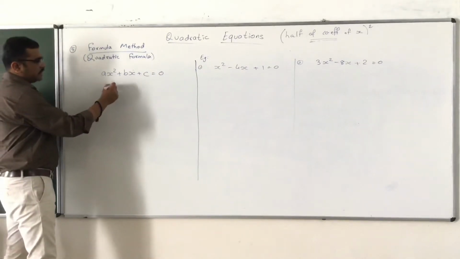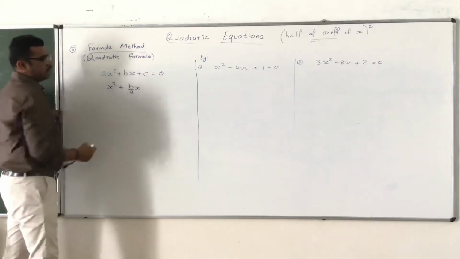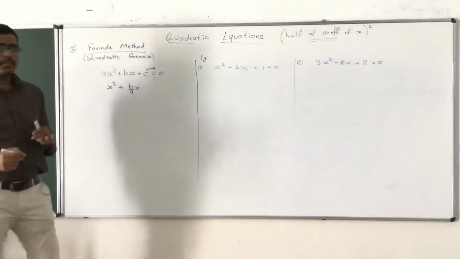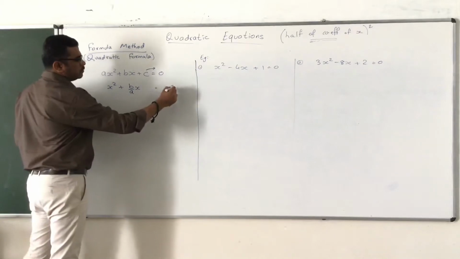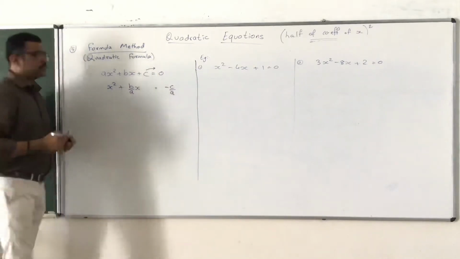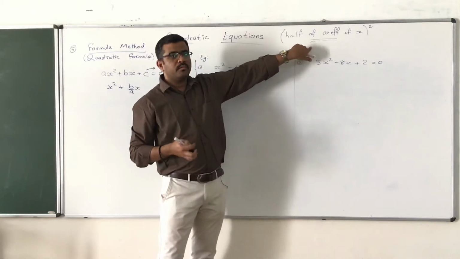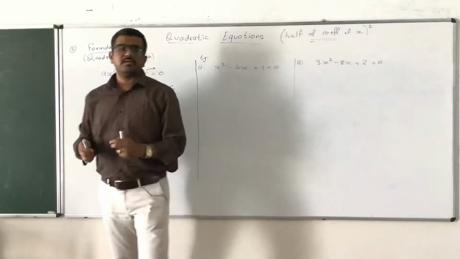So we have x squared plus b upon a x, and at the same time we transpose the constant term to the right hand side, so we have negative c upon a. Now, to make a perfect square, we half the coefficient of x.